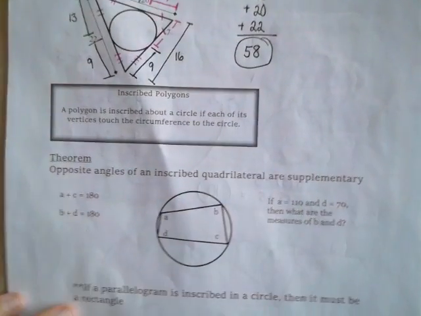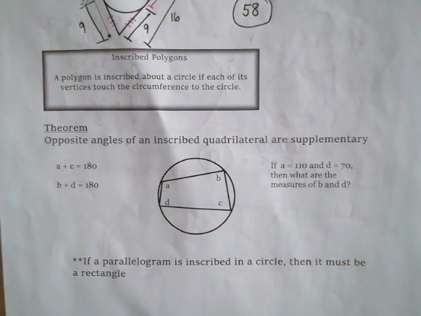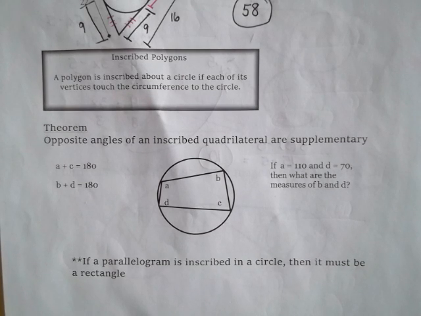As we move on to the next part of our notes, we're going to talk about inscribed polygons. A polygon is inscribed in a circle if each of its vertices touches the circumference of the circle. What that means is that every corner of my shape must touch the circle that is around the outside.